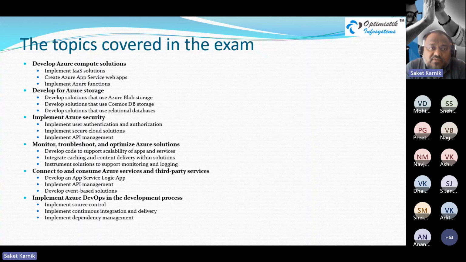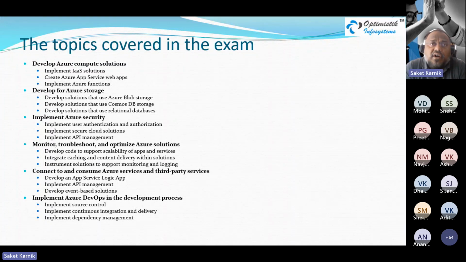The next skill which is measured over here is Azure security. So this talks about the application level user authentication and authorization, then key management services, API management, which is mainly for web services and RESTful services.